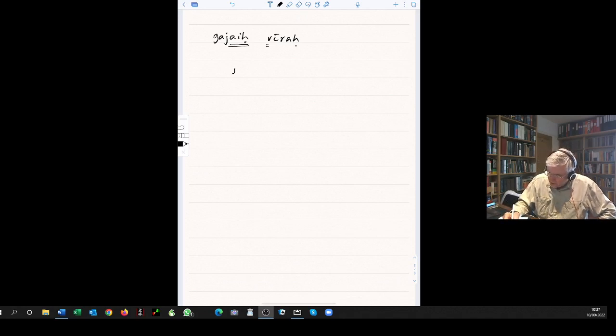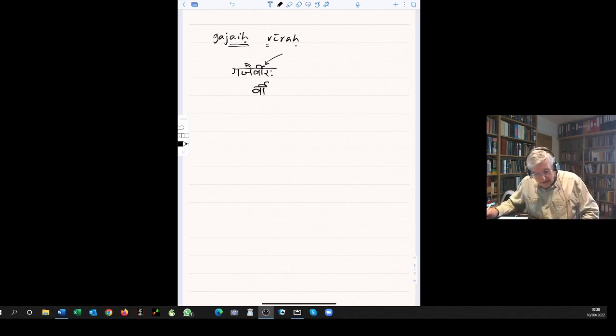And again, this shows one of the slight complications of the Devanagari script. Gajair, then you've got to write the v. Gajair viraha. So the vi, that's the v, but the r from Gajair comes at the very end of this syllable by that hook there. So that's the r of the Gajair viraha.